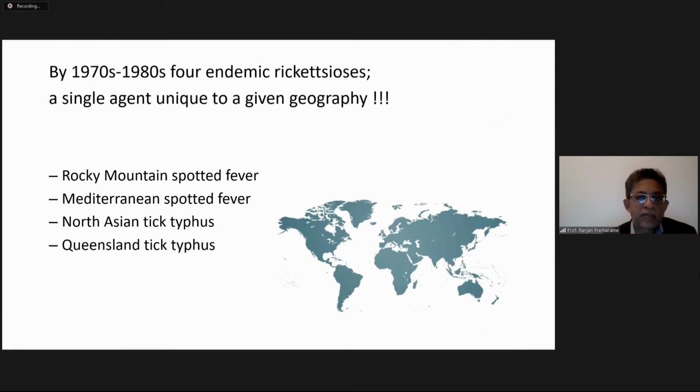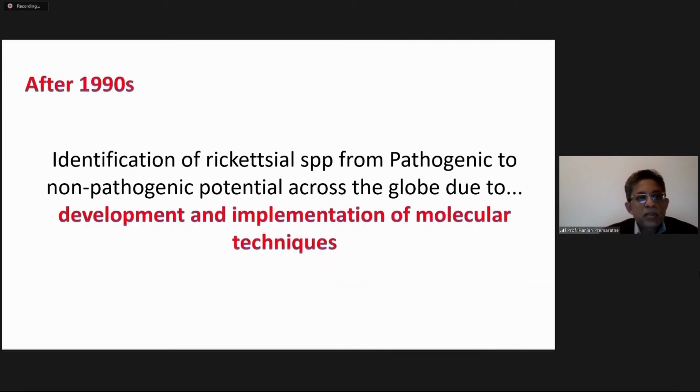That is Rocky Mountain spotted fever in the Americas, Mediterranean spotted fever in the Mediterranean regions, North Asian tick typhus in the Asian region, and Queensland tick typhus in Australia. After the 1990s, with the implementation of molecular techniques, there has been a vast identification of rickettsial species and genotypic characterization of these organisms, accounting for the development of species and subspecies in spotted fevers and the rest of the organisms.